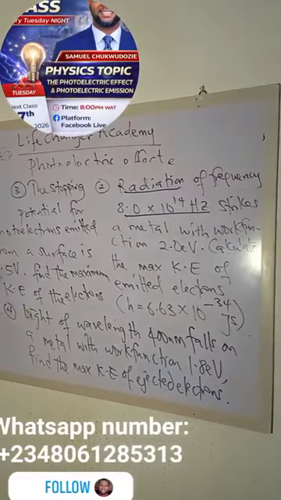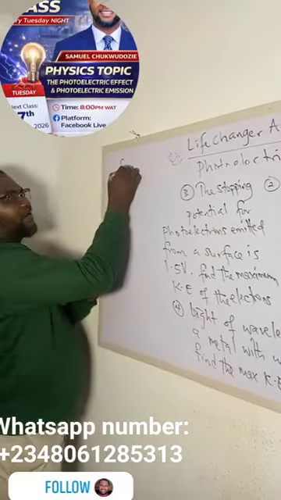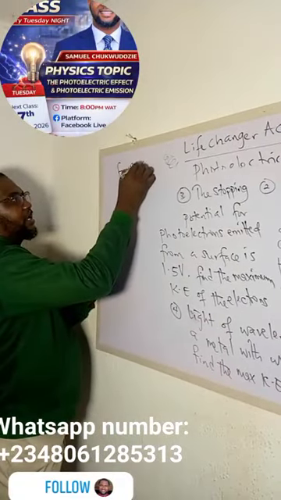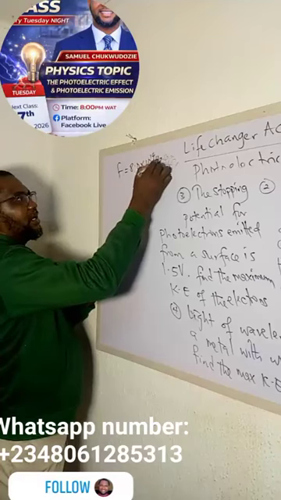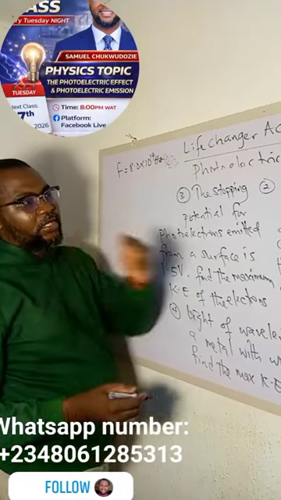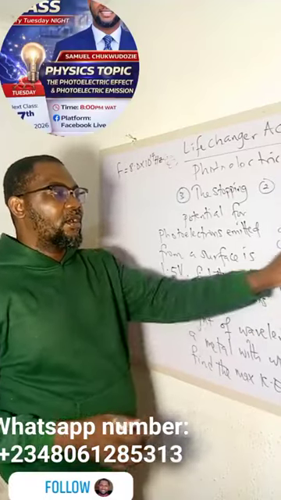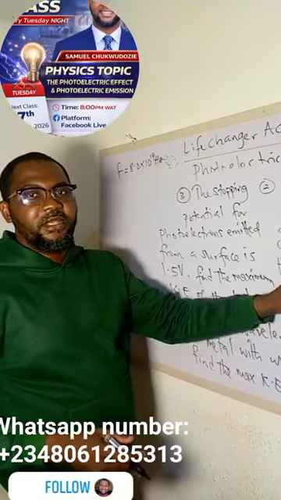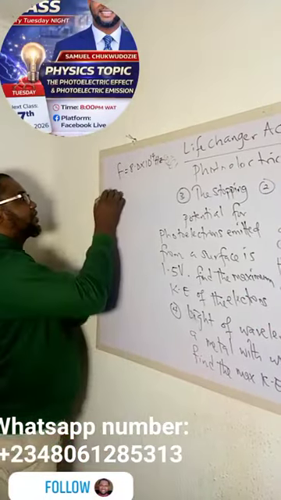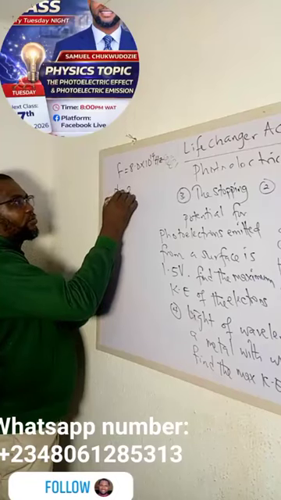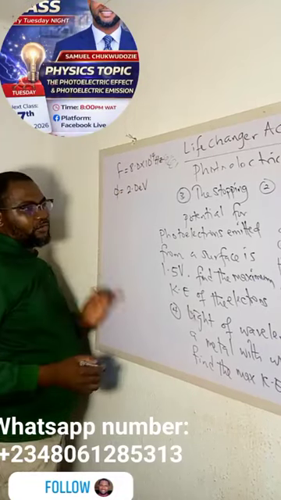So the frequency f is 8.0 times 10 raised to the power 14 hertz, strikes a metal. That's the incident light that strikes the metal with a work function of 2.0 electron volts.